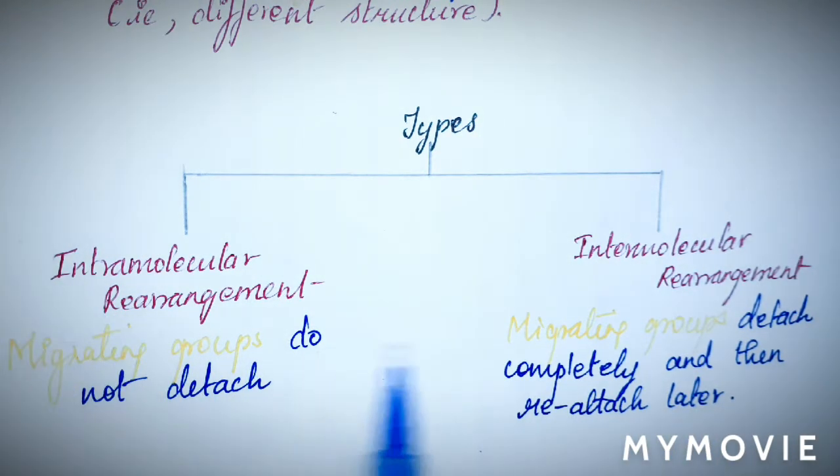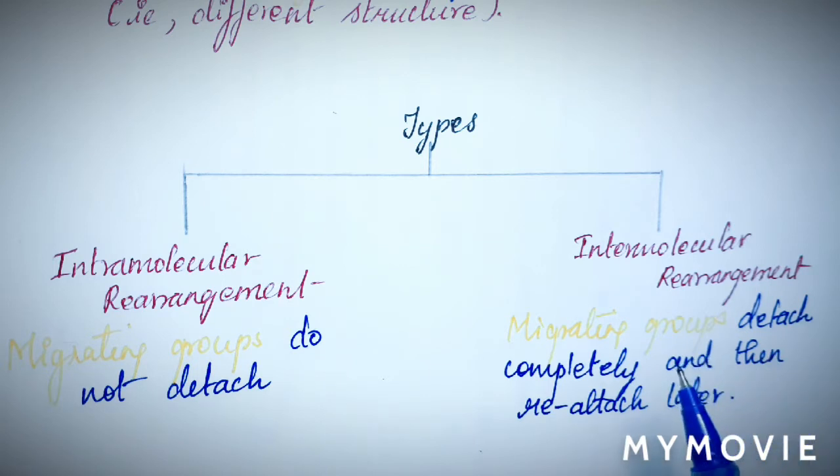To understand these two types of rearrangements, you can take examples from your own life. When you were in school or in college, they used to say intercollegiate competitions, inter-school competitions, which are competitions held between different schools or different colleges. So that means it is outside.